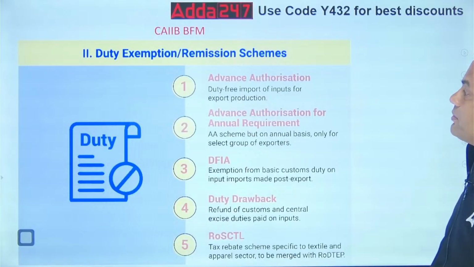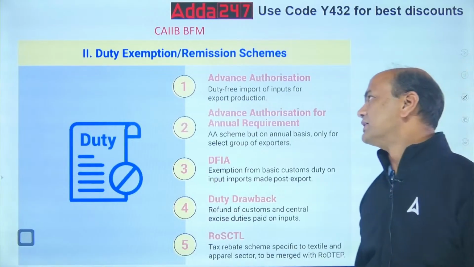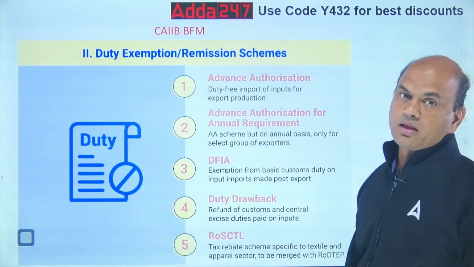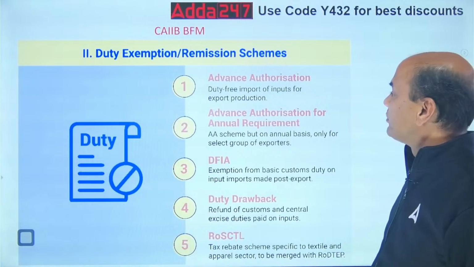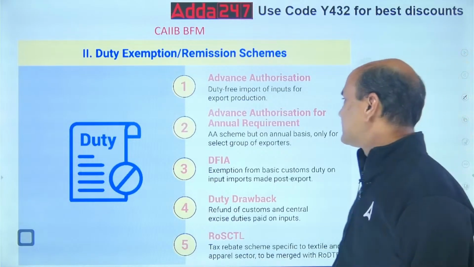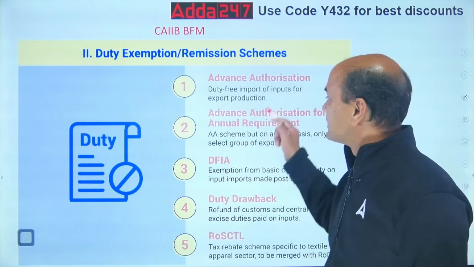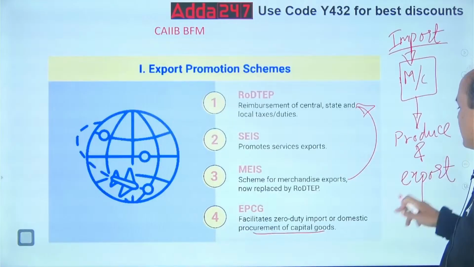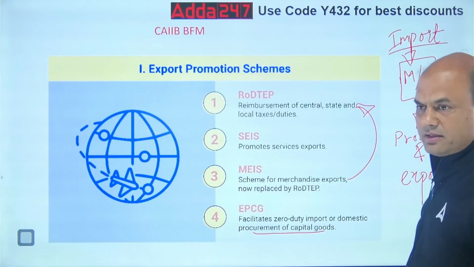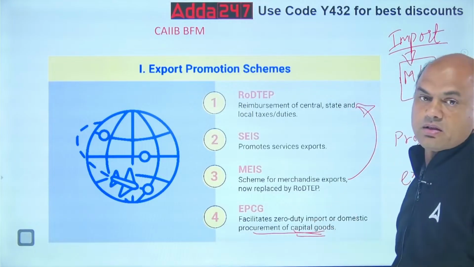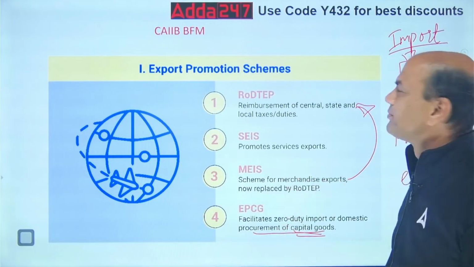Duty exemption or remission schemes, what are these? Look at this. Advance Authorization. What is AA? Duty free import of inputs for export production. What is the difference between this scheme and the earlier one which we just studied? That was for capital goods, meaning big machinery.